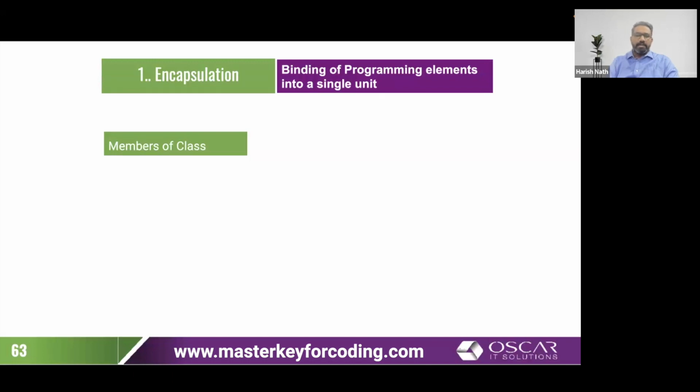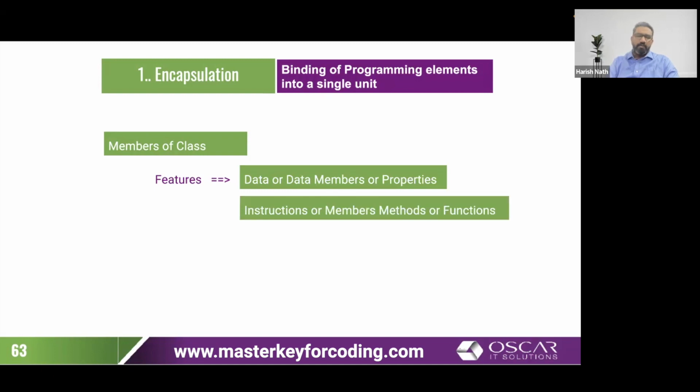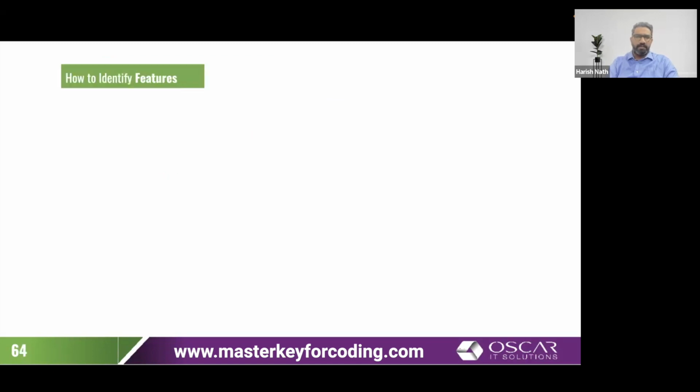Same way, the data, the instructions, the features, the behaviors within the class are considered members of the class. And what is the class going to consist of? Data or properties or data members, which are features, and behaviors are the instructions. Class is going to consist of these.